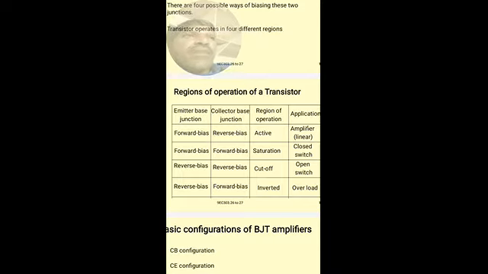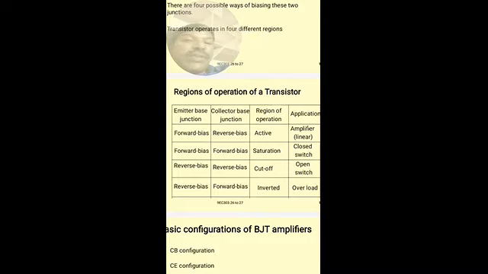It is called the cutoff region. When both the junctions are forward biased, it acts as a closed switch known as the saturation region. When both the junctions are reverse biased, the transistor acts as an open switch, and the region is known as the cutoff region.